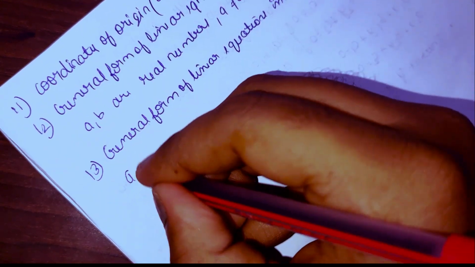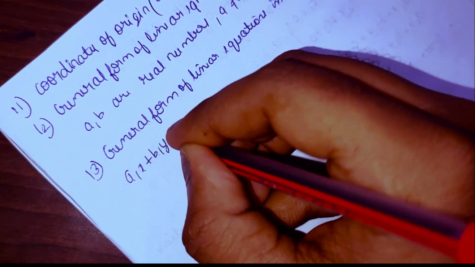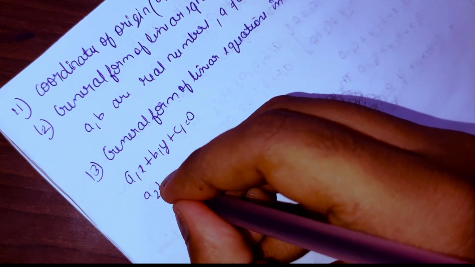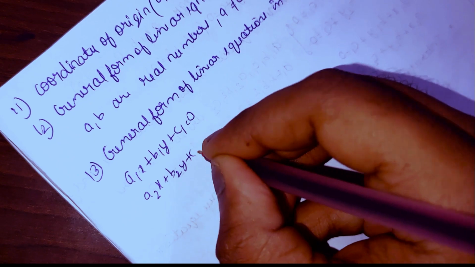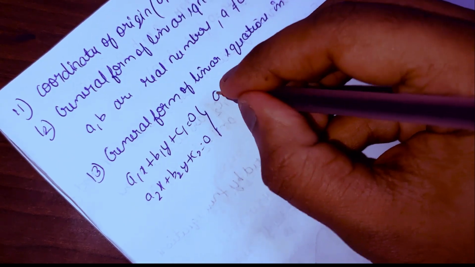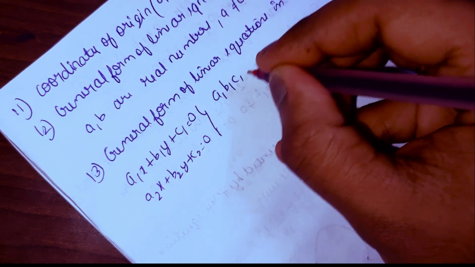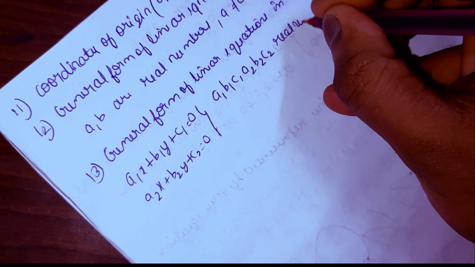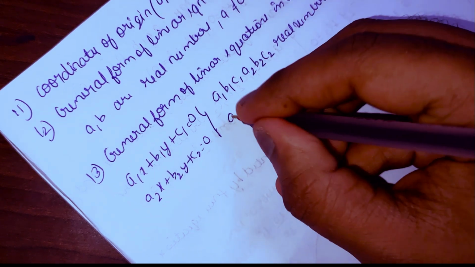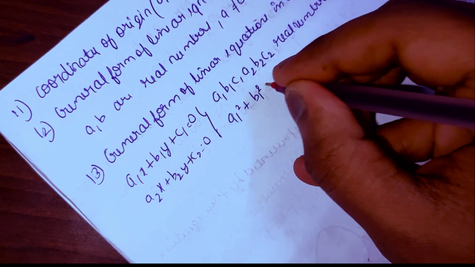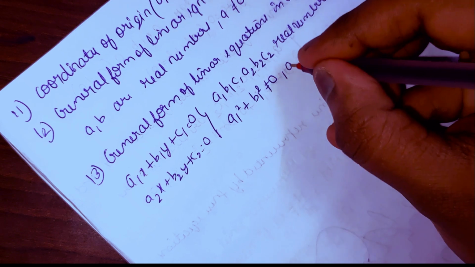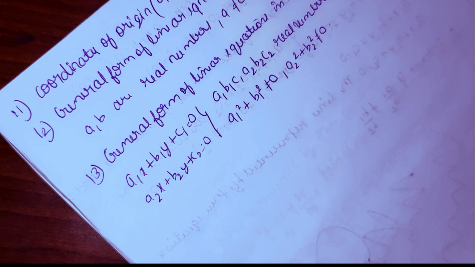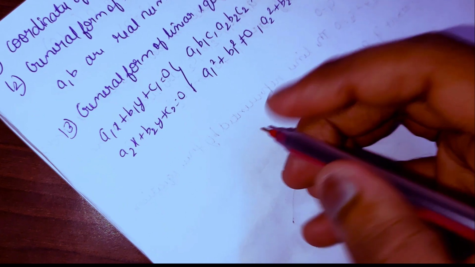The answer is a1x plus b1y plus c1 is equal to 0, and one more, a2x plus b2y plus c2 is equal to 0, where a1, b1, c1, a2, b2, c2 should be real numbers, and the condition a1 square plus b1 square should not be equal to 0 and a2 square plus b2 square should not be equal to 0. We'll move into the two more questions.